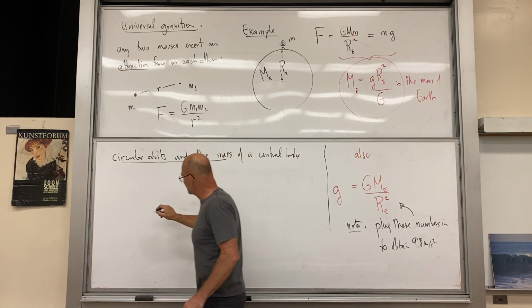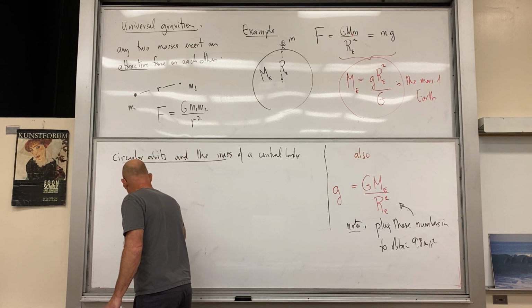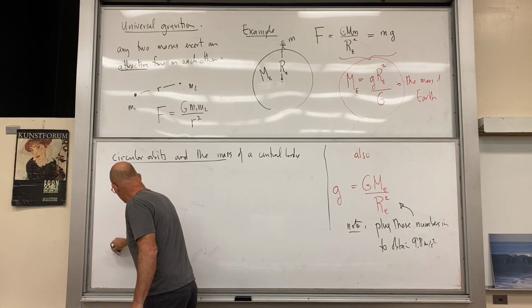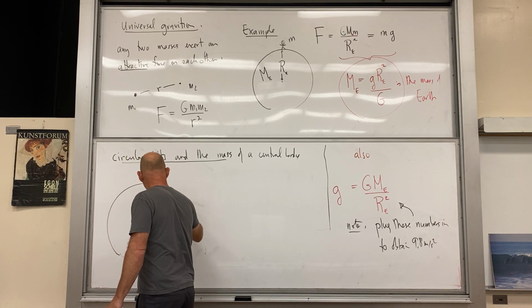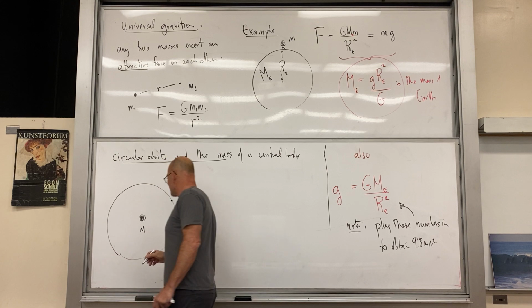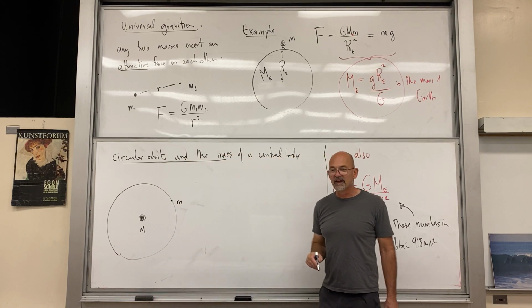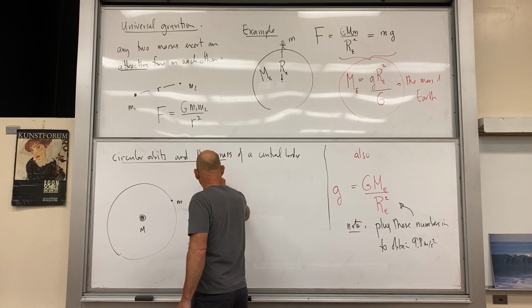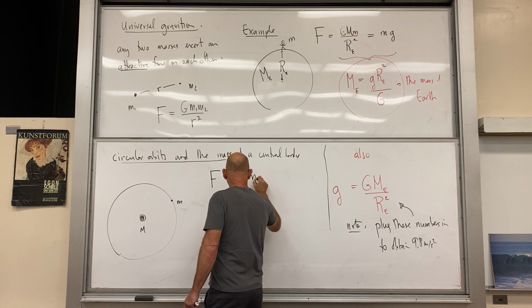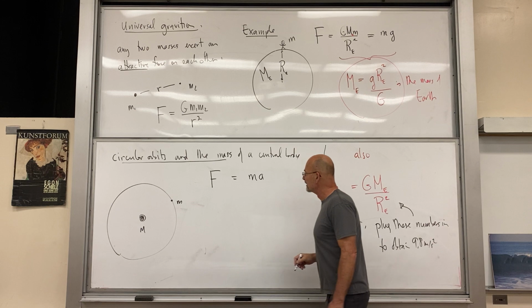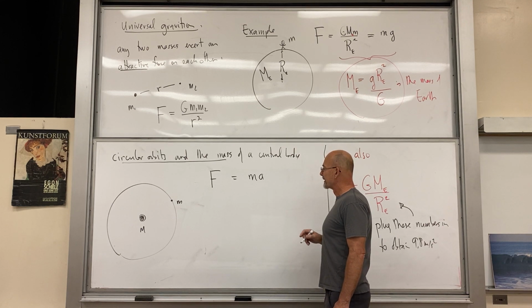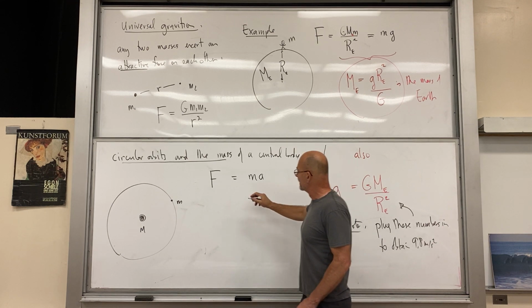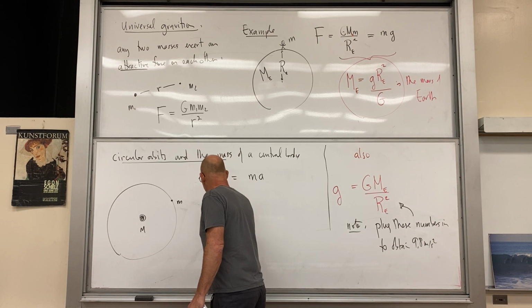So now we're back to, I'll just call it capital M. We'll do a couple of these on the homework. Lowercase m. This could be the Earth orbiting the sun. So F equals ma. Okay. And then I'll put the G there first.